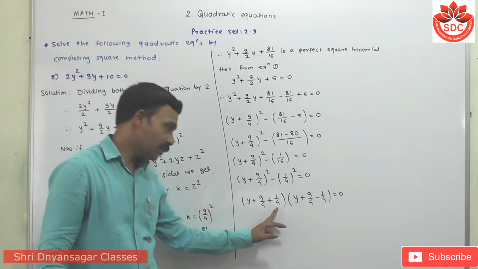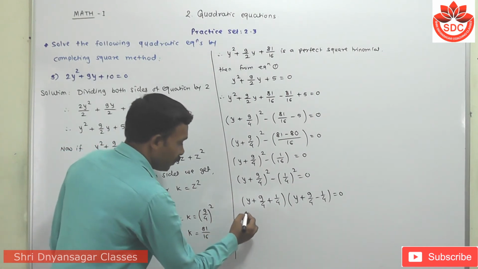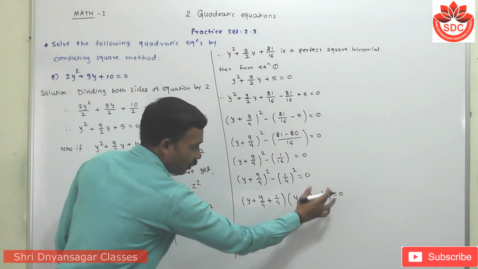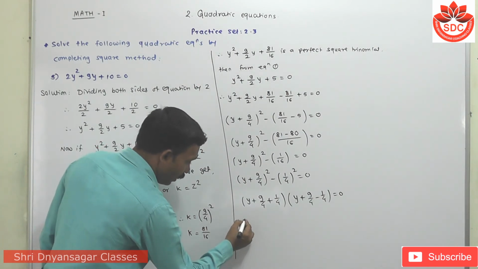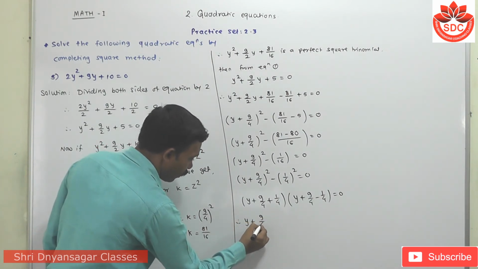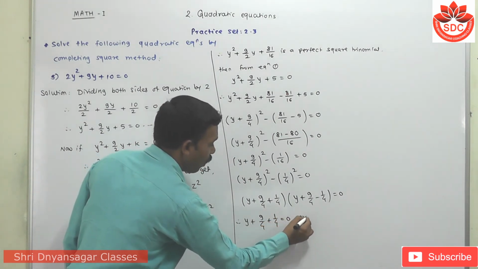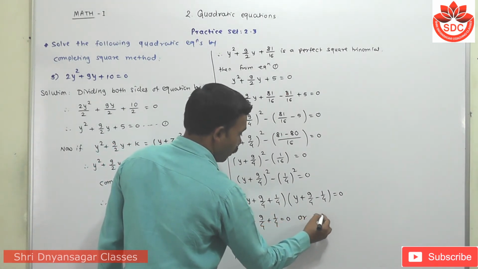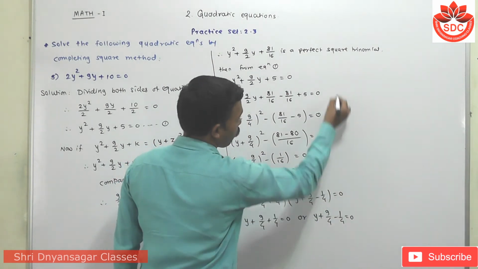That is, a plus b, a minus b. Then if the product of two terms is 0, then at least one of them must be 0. Therefore I write here y plus 9 upon 4 plus 1 upon 4 is equal to 0, or y plus 9 upon 4 minus 1 upon 4 is equal to 0.